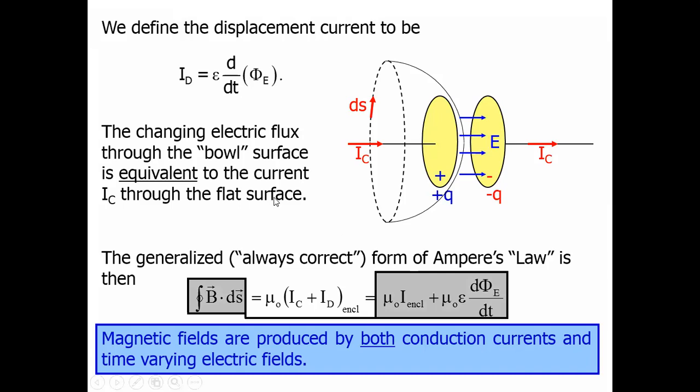See here. Then he said that B dot dl over the closed path is not only mu naught times IC, but rather for the time varying case, it is mu naught times IC plus ID. This was introduced by Maxwell, but he kept it with Ampere's law, and this law is also known as the modified Ampere circuital law, or in some books the Maxwell Ampere law, because Maxwell made a contribution.